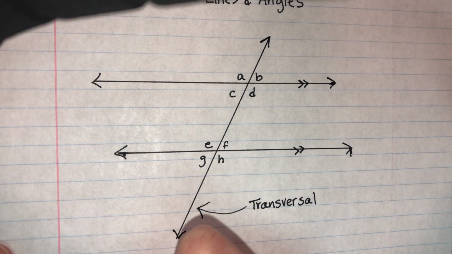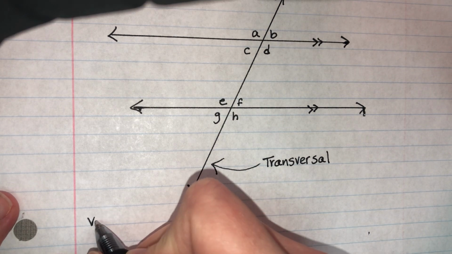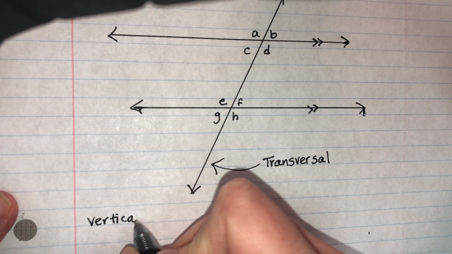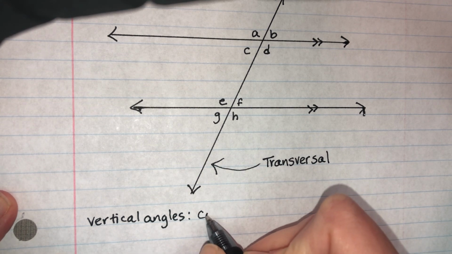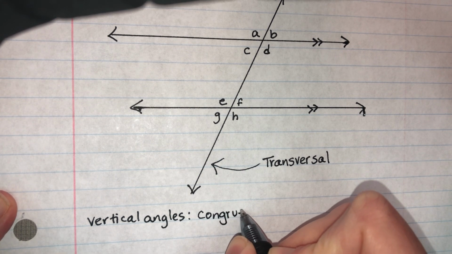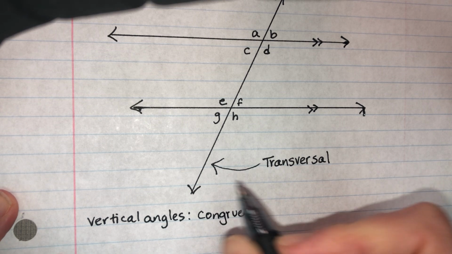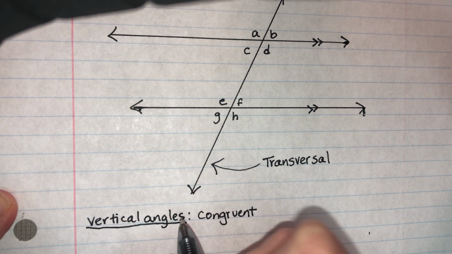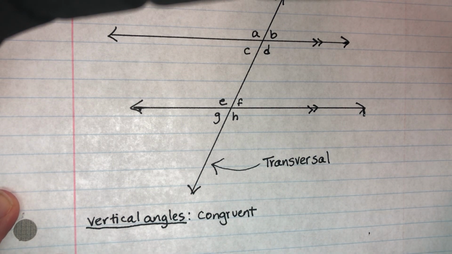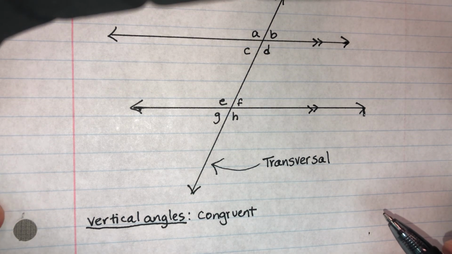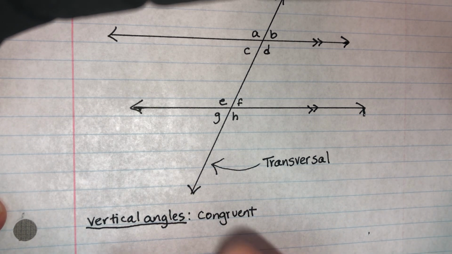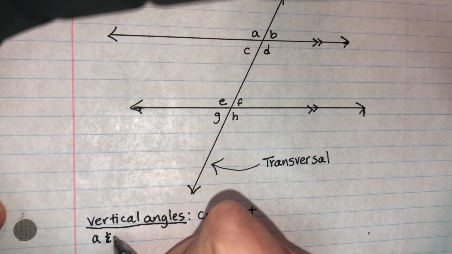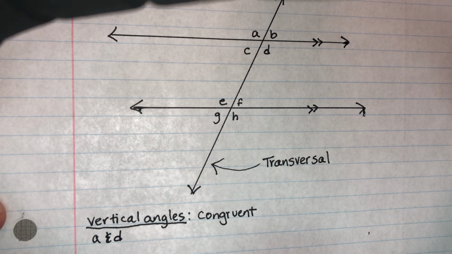The first kind are vertical angles. And we have learned that vertical angles are congruent. You have learned that that is a pair of angles that are formed by intersecting lines. They're across from each other, they share only the vertex point, and they are the same size. So in this picture, you can see angle A and angle D are vertical angles.